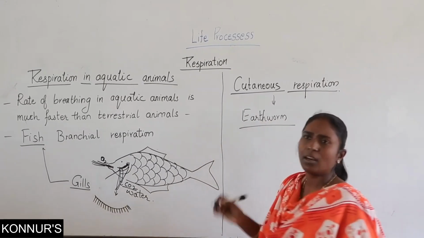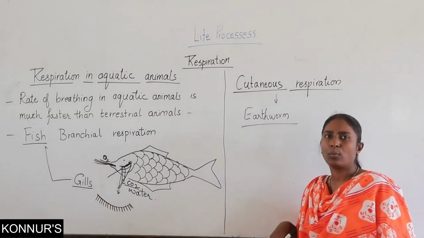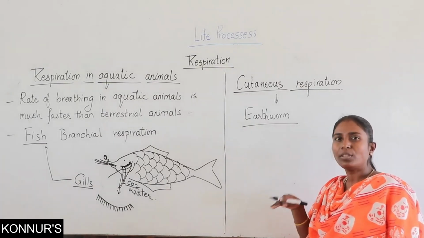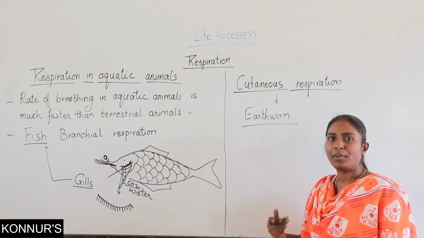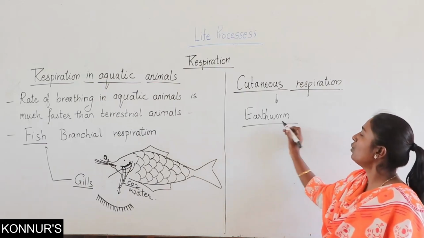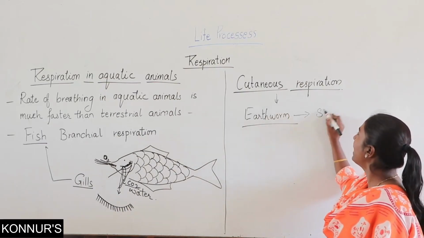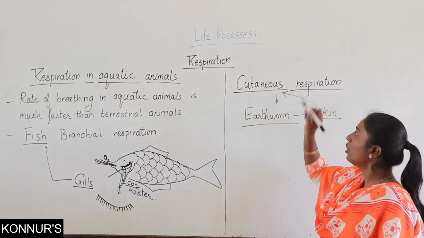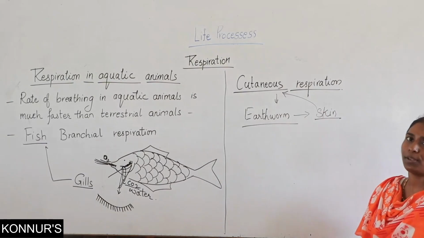You can never see the earthworm on the ground or inside the water. You will see it below the soil. Then how does it respire when it is below the soil? The respiration in the earthworm takes place by its skin. That is why it is termed as cutaneous respiration.